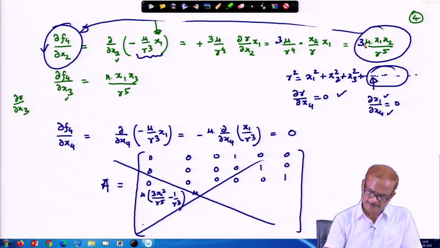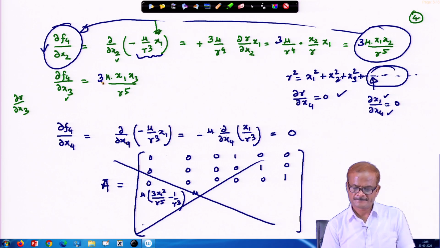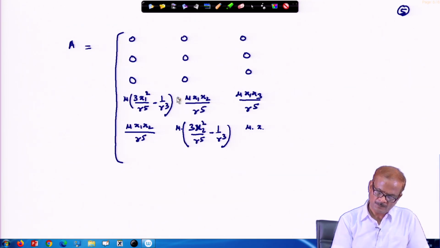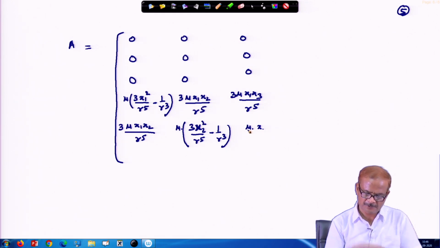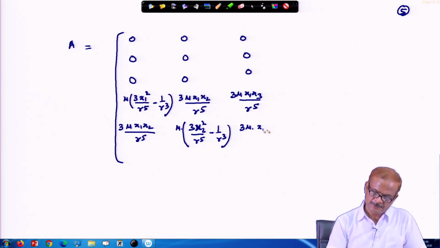So, we need to place this 3. Similarly, the 3 is missing here in this place. So, we place 3 in all these places. So, 3 mu, now this will be x 2 x 3.